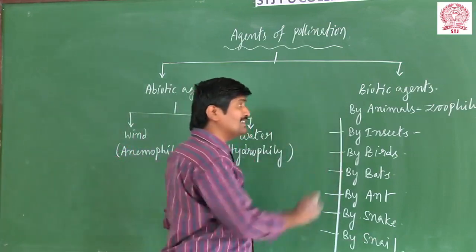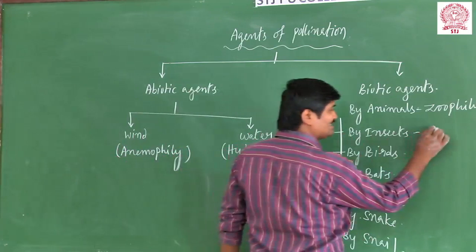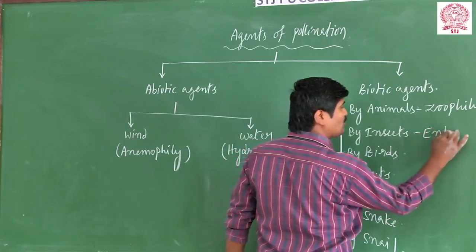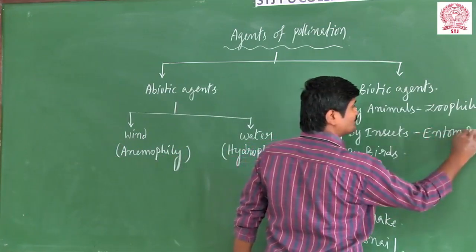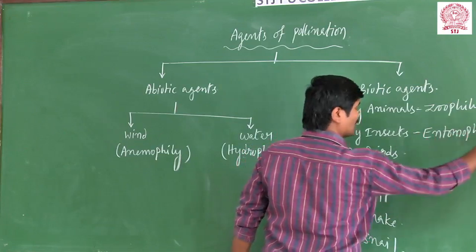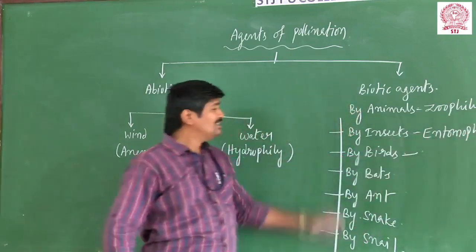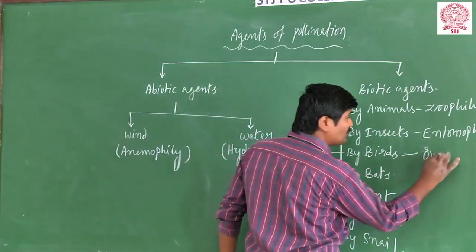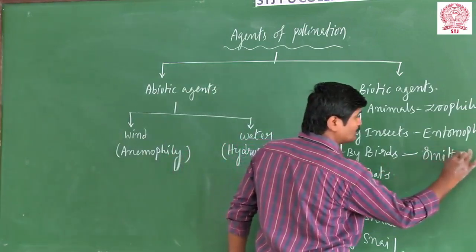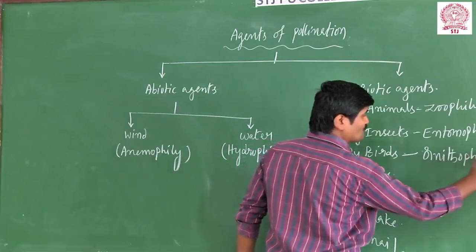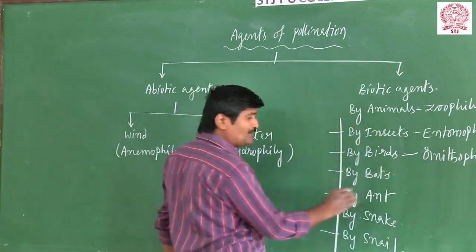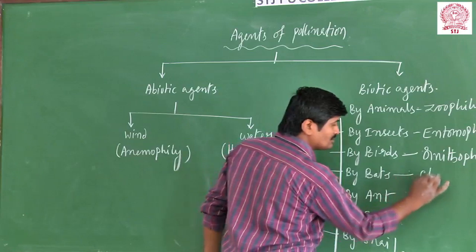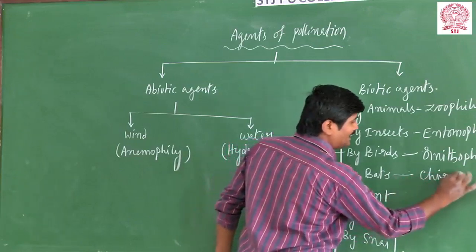So now here the pollination by the insects is known as entomophily. The pollination by the birds is known as ornithophily. When the pollination is by the bats, chiropterophily.